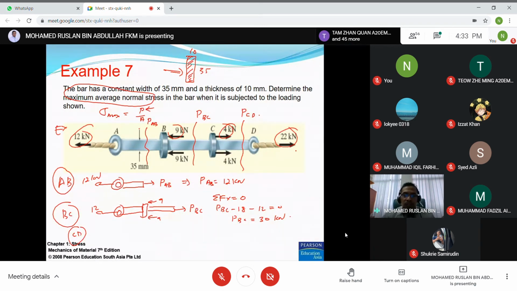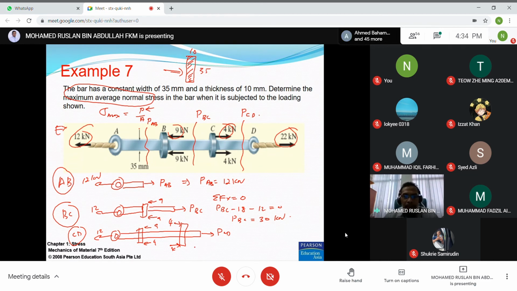If you want to take the left hand side, you can draw one by one like this. This is 12, this is 9, this is 9, and then we have 4 kilonewton here in this direction. Let's say this is PCD. Total Fx equals 0.